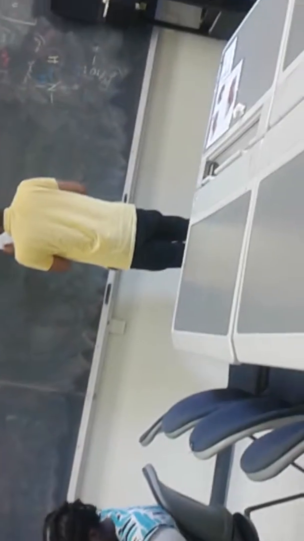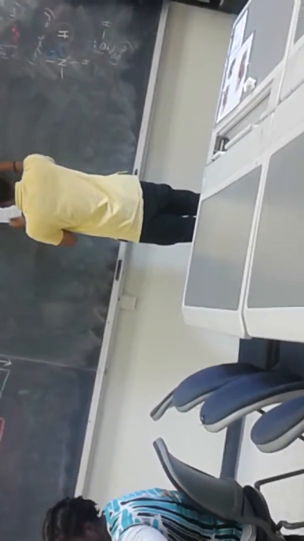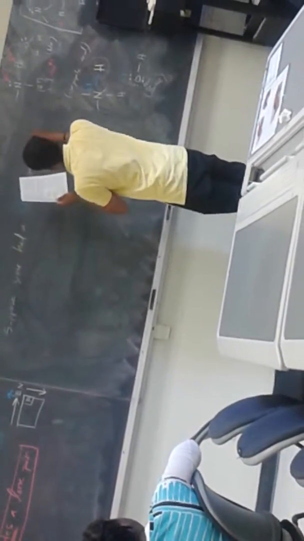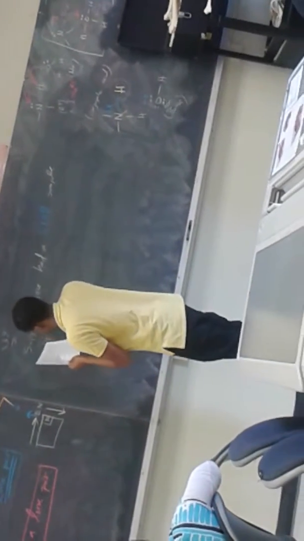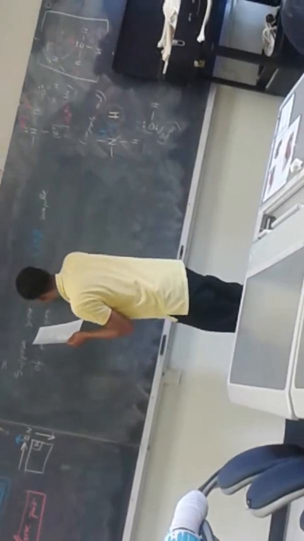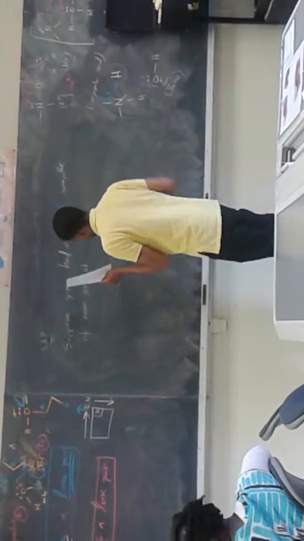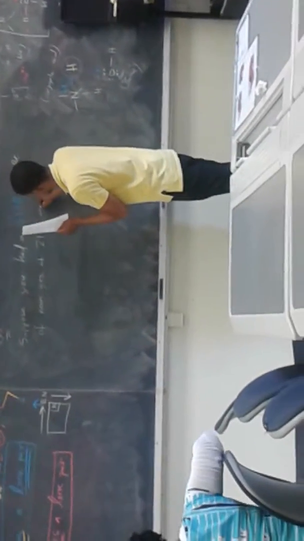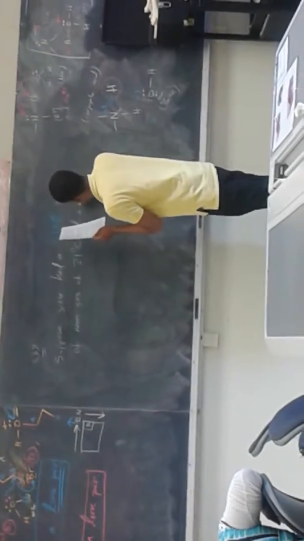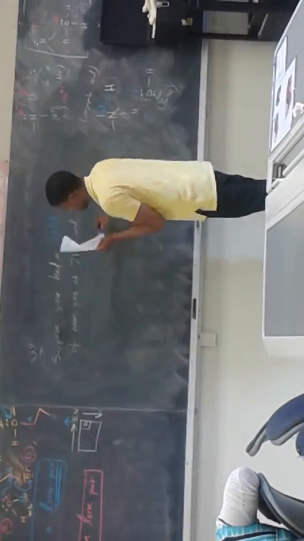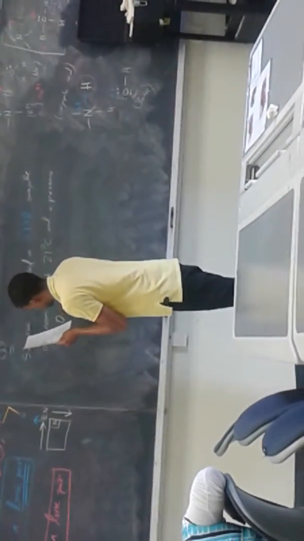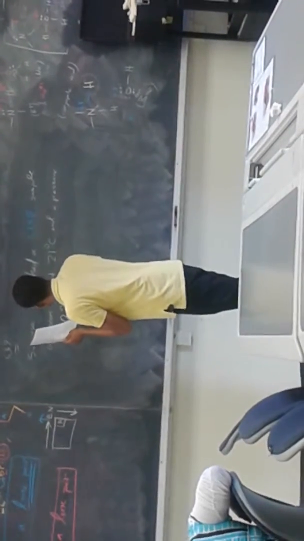Okay, suppose you had a 3.15 liter sample of neon gas at, this is important, 21 degrees Celsius, and a pressure of 0.951 ATM.